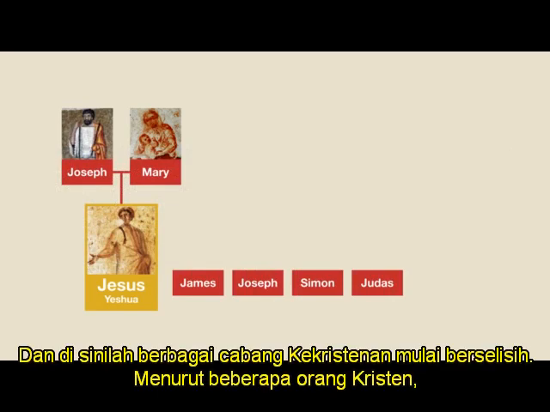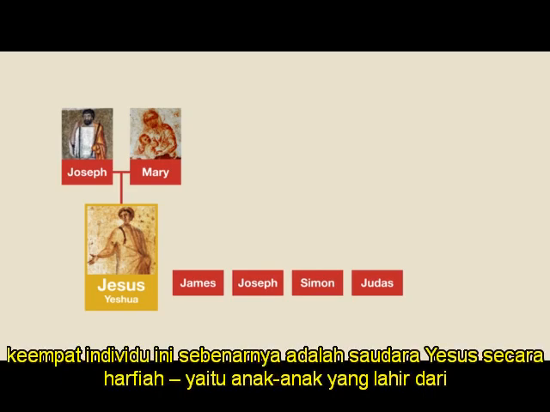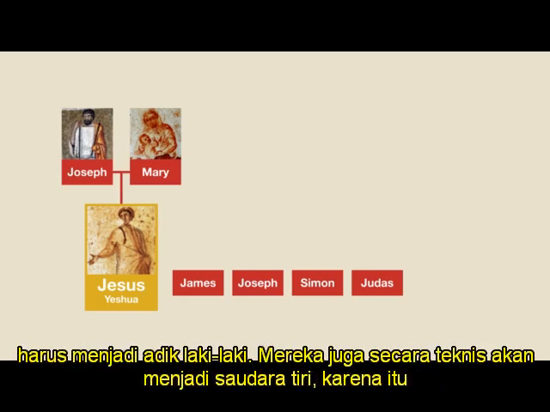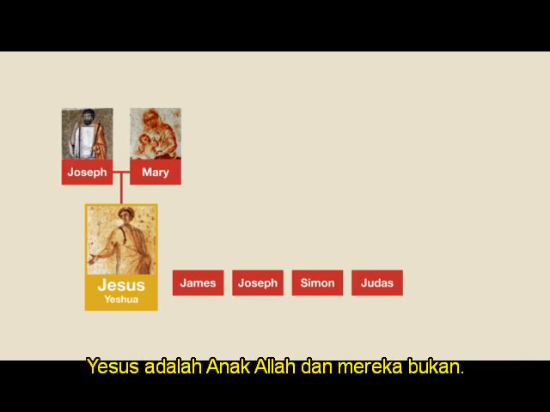According to some Christians, these four individuals were in fact the literal brothers of Jesus, i.e., children born to Mary sometime after the birth of Jesus. Remember, Mary was a virgin when Jesus was born, so these would have to be younger brothers. They would also technically be half-brothers, being that Jesus was the Son of God and they were not.